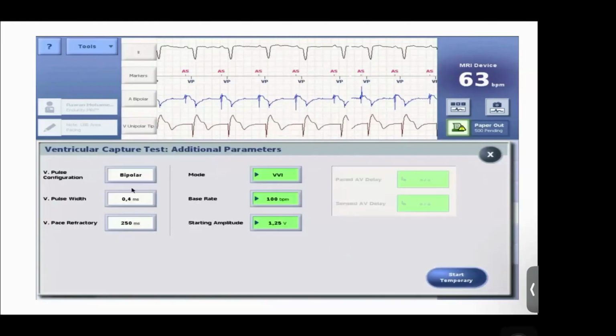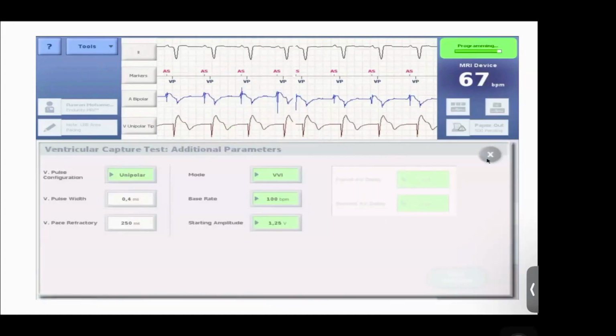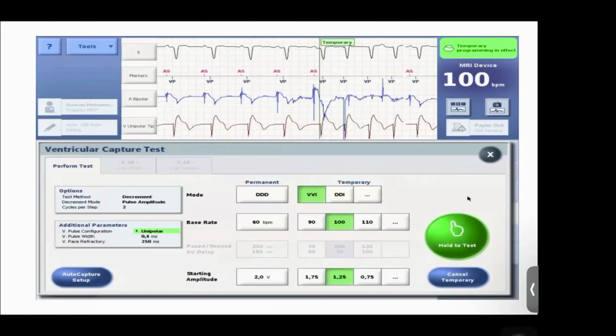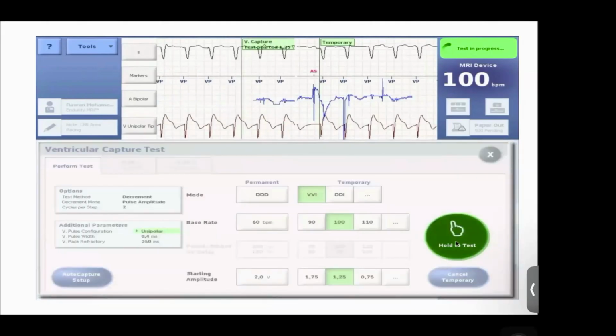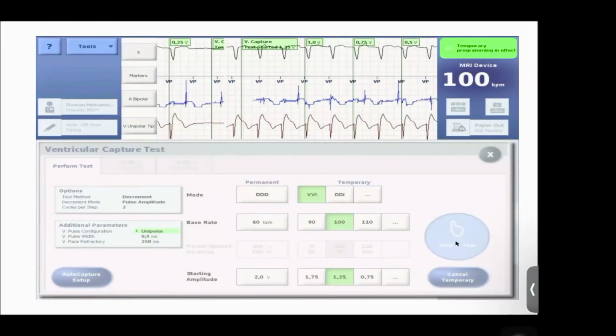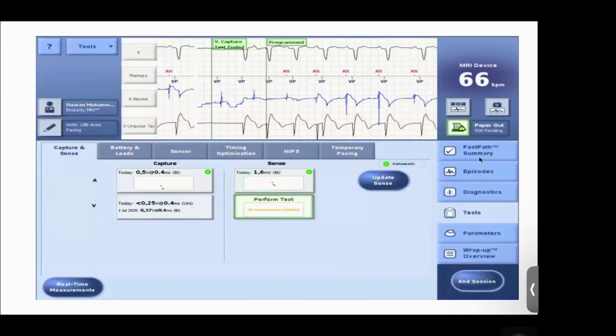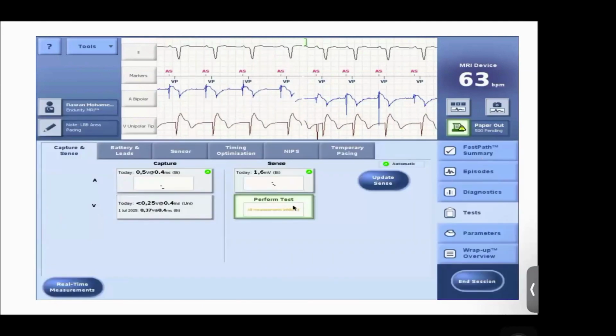And we will change to unipolar pulse configuration. Here also we start at 1.25 capturing, 1.75, 0.5, and 0.25.